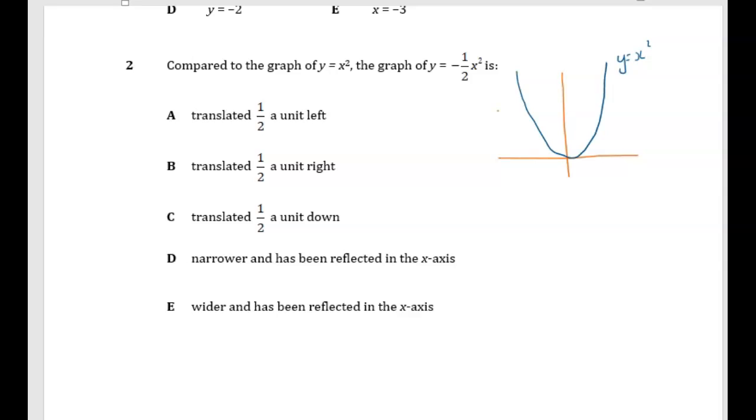Now, this graph hasn't moved up or down, it hasn't moved left or right, but it has been reflected, and I know that because of this negative sign, so it's gone upside down. This half is your value of a when it's in turning point form. It just means that it's become wider. So your graph, probably not that wide, but it does become wider. I'm just going to say that's -1/2 x squared.